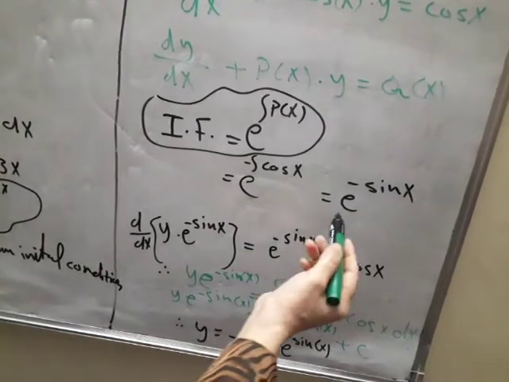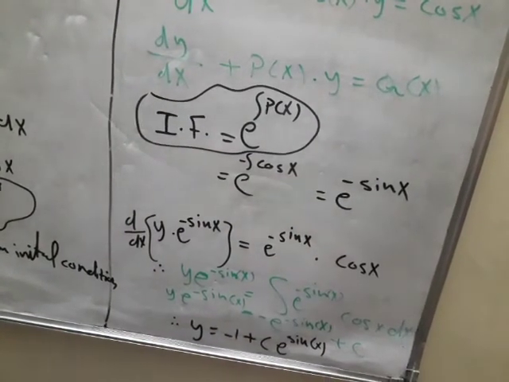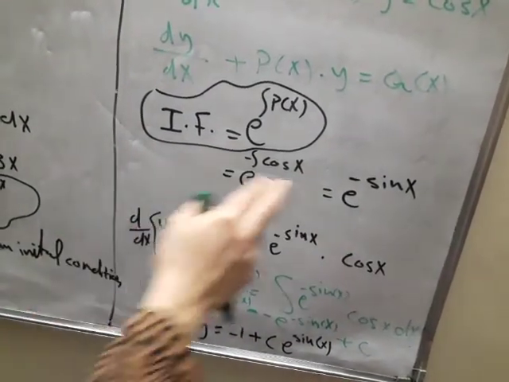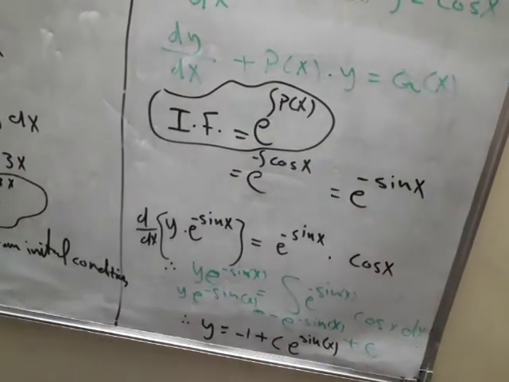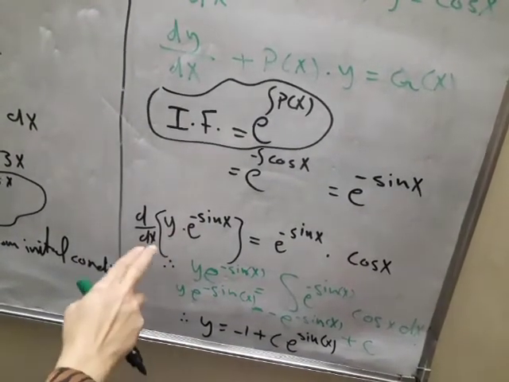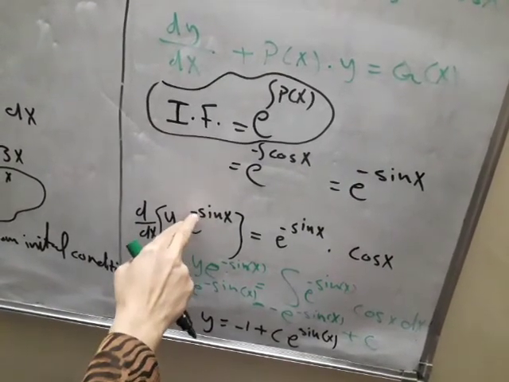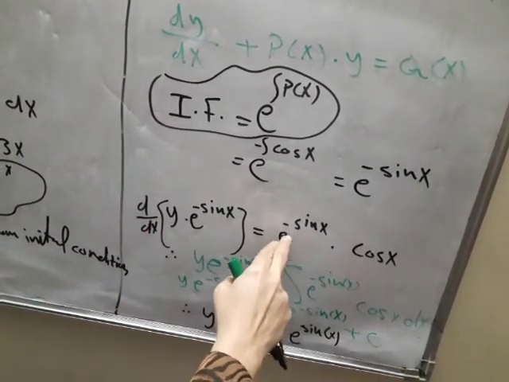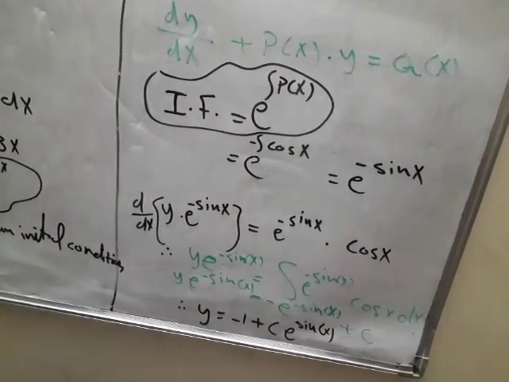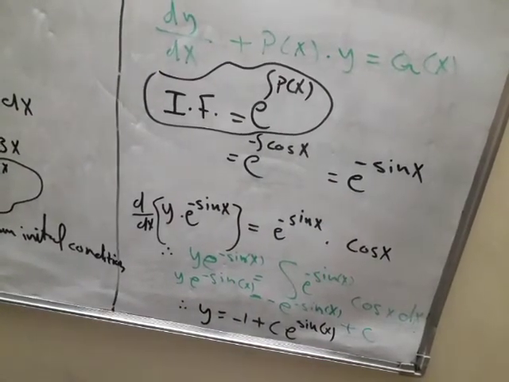The integrating factor now is exponential of minus sine x. Multiplying this integrating factor to both sides of the differential equation, we get the differential of y multiplied by exponential minus sine x equals exponential minus sine x multiplied by cosine x.